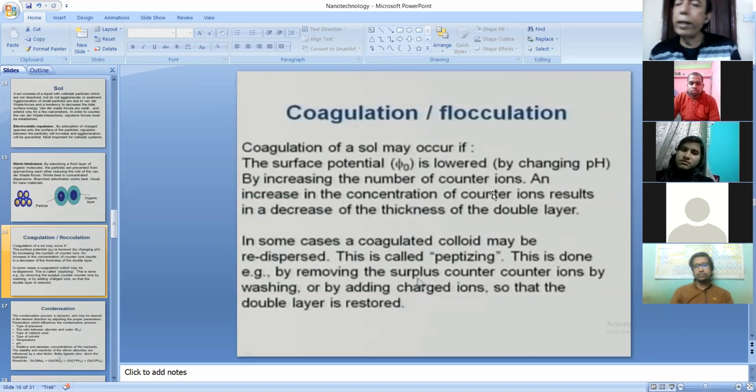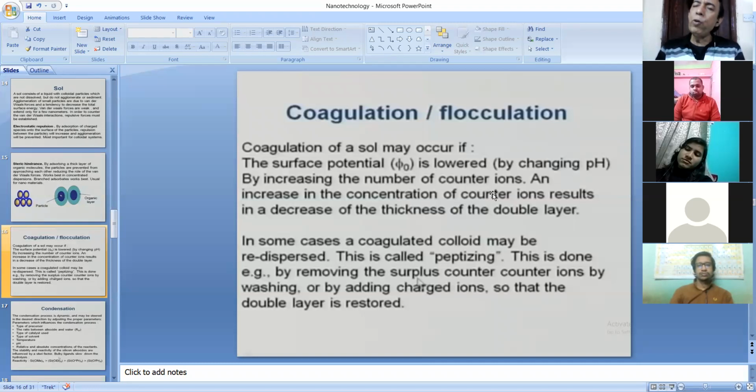Lowering or raising the pH means you are adding some positive ions or withdrawing some positive ions from the solution. Lowering of pH means you are adding some positive ions. Say, for example, you are adding some hydrogen ion there, or you are adding some hydroxyl ion there.